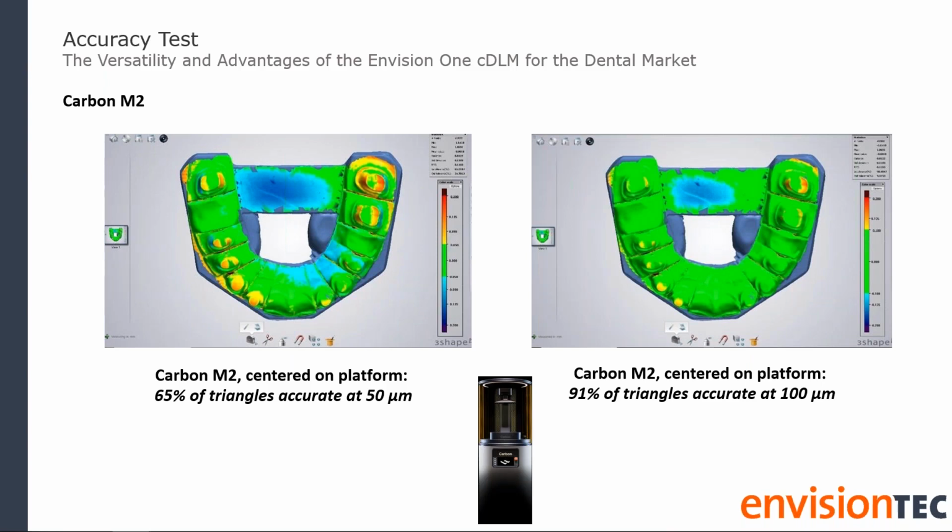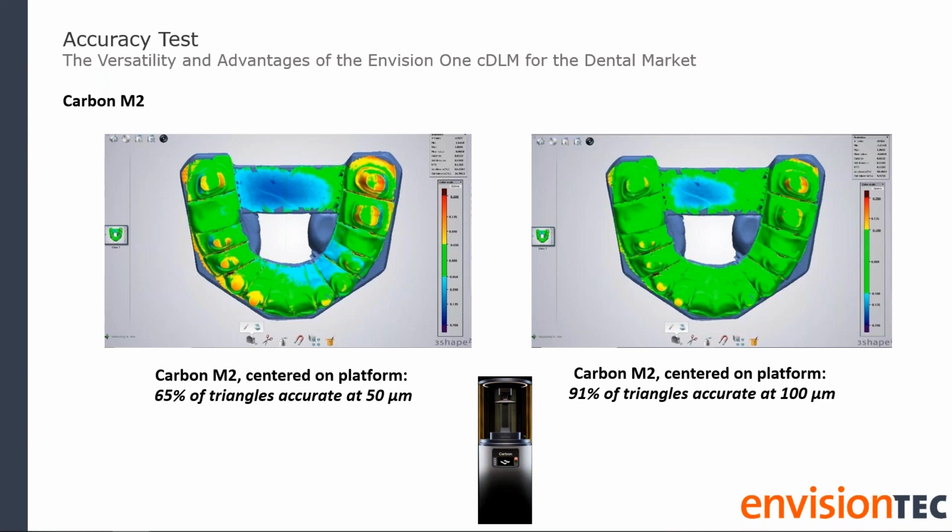Now, looking at this specific slide, there's something that I'd like to point out. In a slide that was discussed earlier in this presentation, we were talking about the domeless versus the domed printers. Domed printers are the more common printers on the market. The Carbon M2 is one of those printers. Now, one thing I think is the most interesting: the Envision One and the Carbon M2 are pretty close to each other when it comes to accuracy.